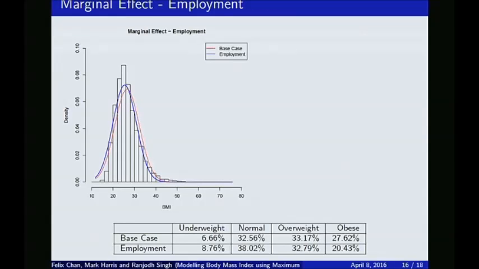Employment, which maybe balances out with the reduction in income, because apparently if you actually do go to a job, it might mean that you're more active. I don't know, it depends on the kind of job you have. The probability of your obesity actually goes down. And overweight, again, stays roughly the same. But you being normal is actually a lot higher.